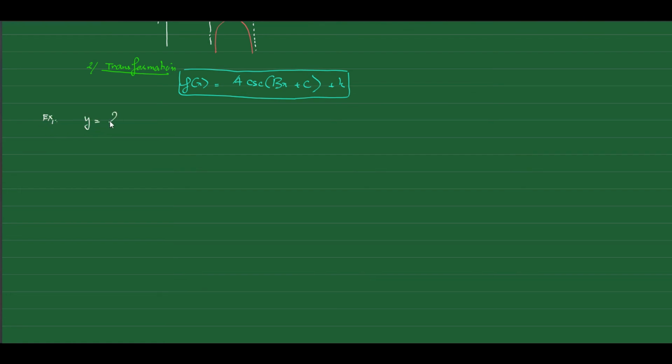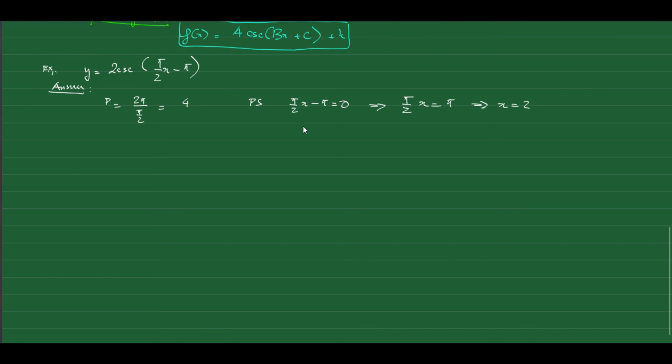I want to sketch 2 cosecant of pi over 2 x minus pi. The period will be 2 pi over b, so the period will be 4. For the phase shift, pi over 2 x minus pi equals 0, so pi over 2 x equals pi, so x equals 2. So everything moves to the right 2 units.